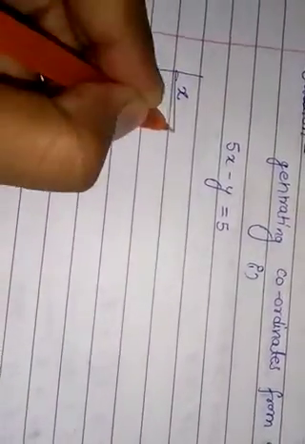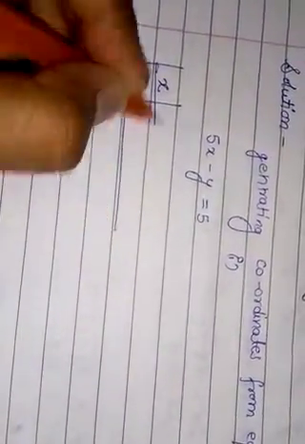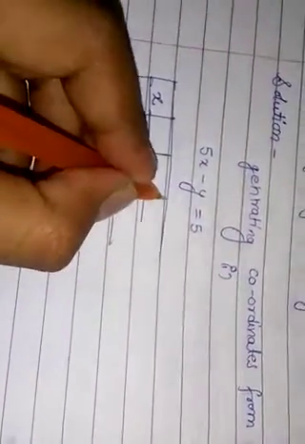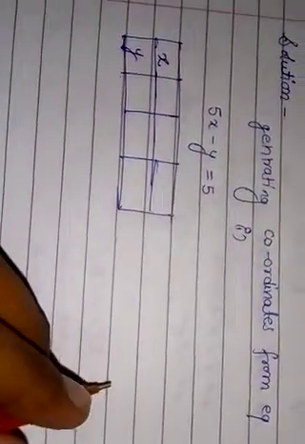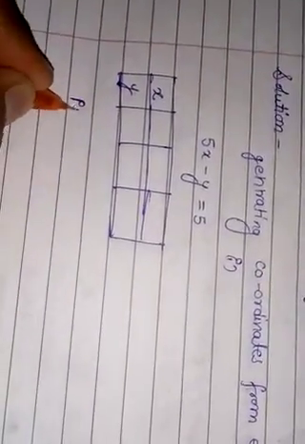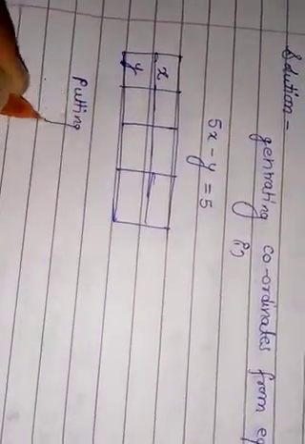We have to take a minimum of 3 coordinates for a good graph. So we are taking 1, 2 and 3. First of all we are putting the value of x equal to 2.